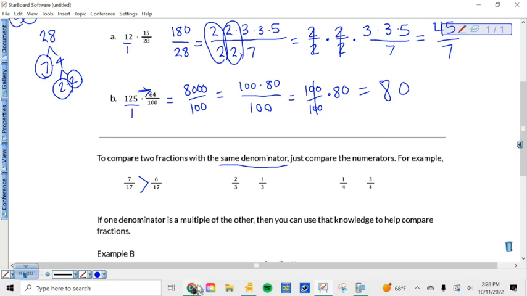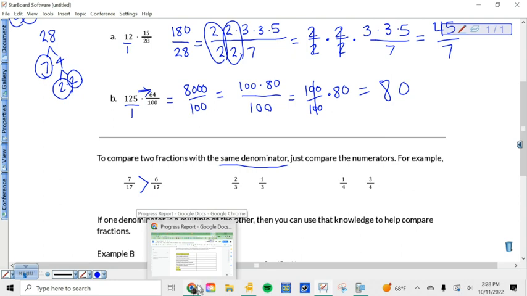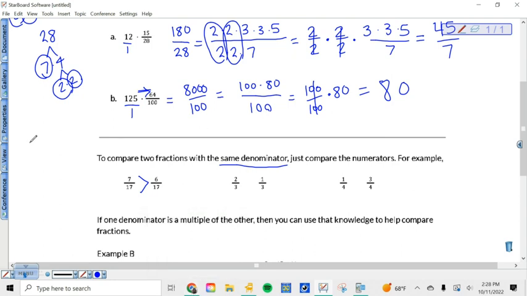When the denominators are the same, you compare the numerators and just look to see which numerator is bigger, and that'll be the bigger number.